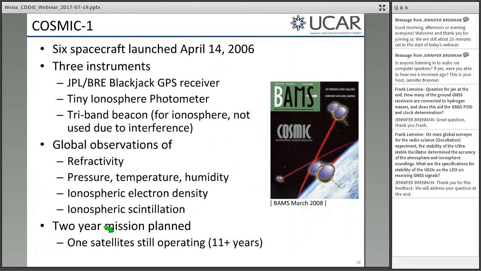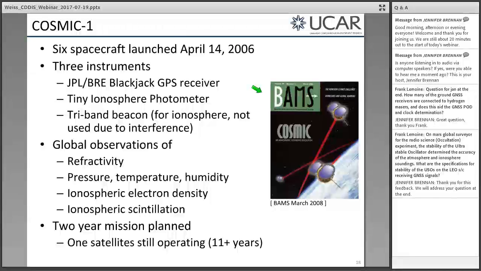Okay. All right. So one of the very important missions in this field is Cosmic 1. This was launched in 2006, and it's 6 spacecraft. There's a cover of a journal here that has pictures of them. So this was a demonstration mission. These are not very big satellites, but they've done a nice job.